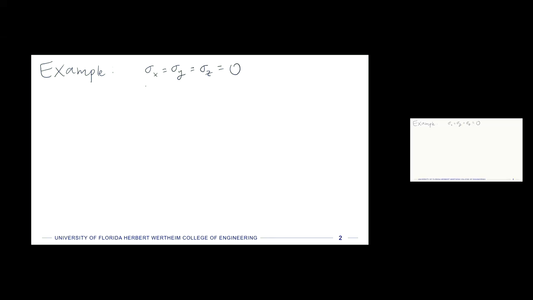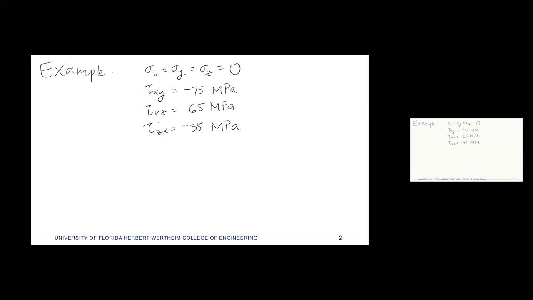And tau xy is going to be minus 75 megapascals. So we're going to put some real numbers in. Tau yz is going to be 65 megapascals, and tau zx is going to be minus 55 megapascals. So that's our starting point.